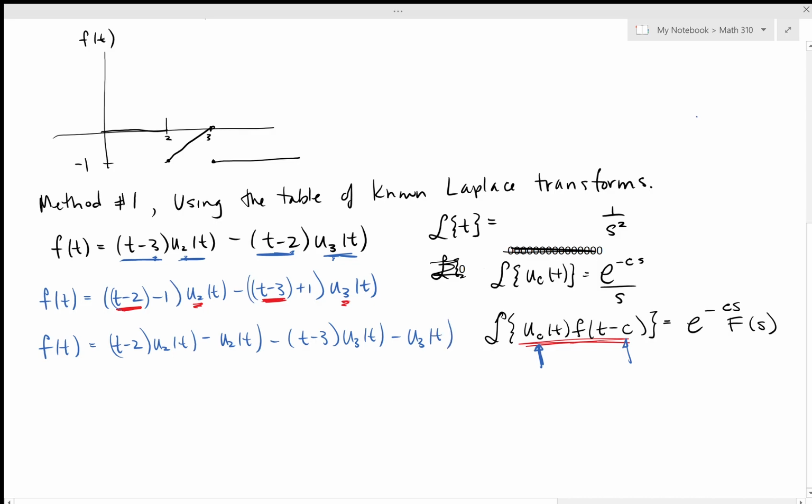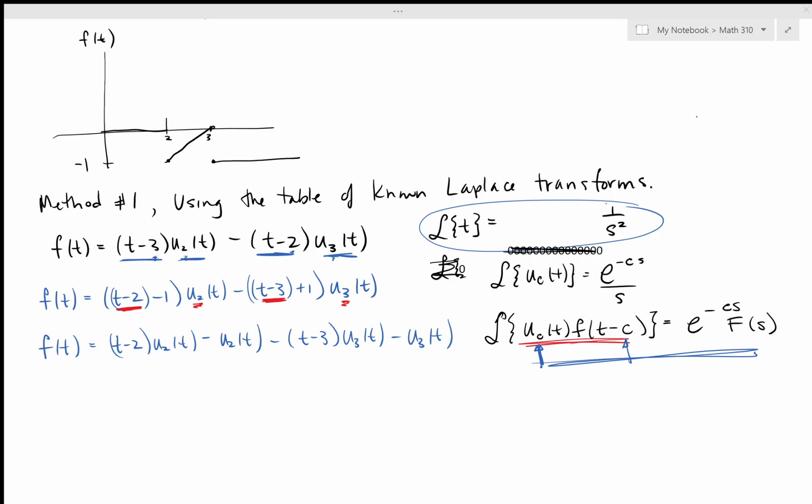Okay, and now things are looking really good. I think the bulk of the problem is now solved, because I can use this fact right here, alongside this fact here, the Laplace transform of t, and I can simply now write out the answer. So I'm going to go ahead and do that.